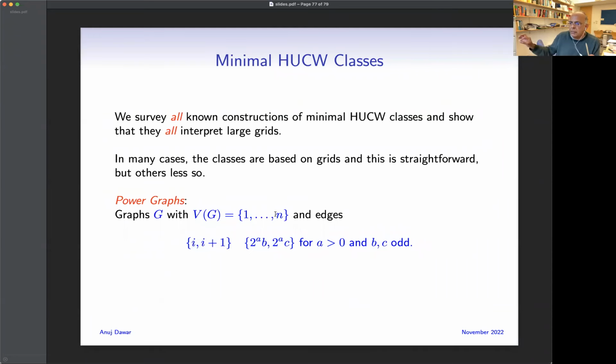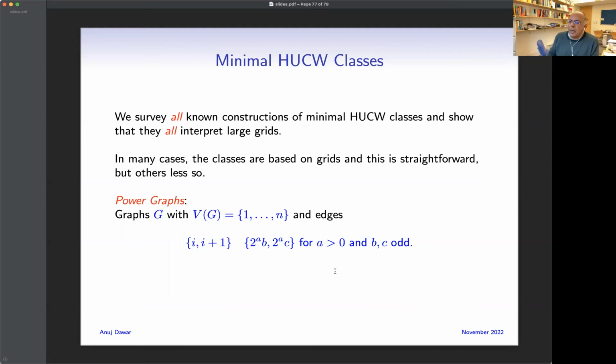So in other words, you have a simple path through all n elements. And in addition, you have an edge between every pair of integers of the form 2^a·b and 2^a·c, where b and c are odd. Okay, so in other words, if the largest power of 2 that divides them is the same, you put an edge between them.